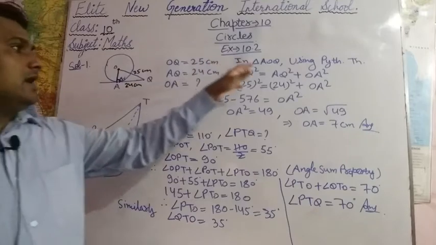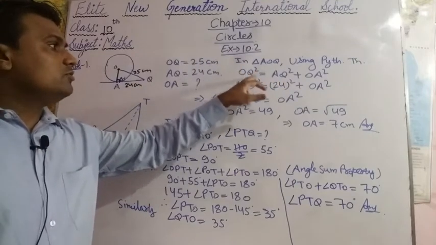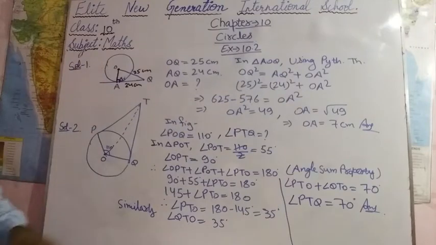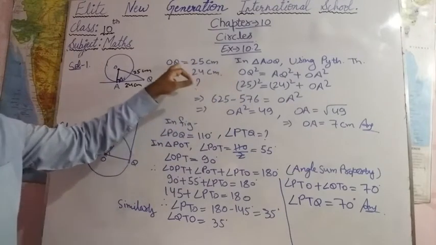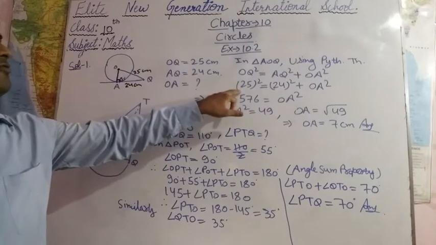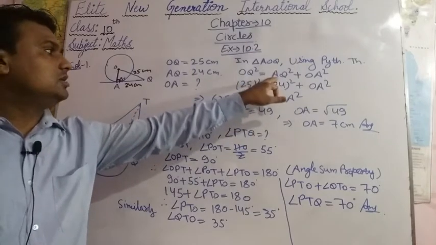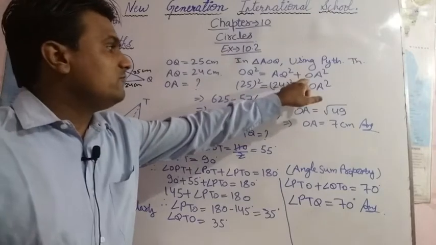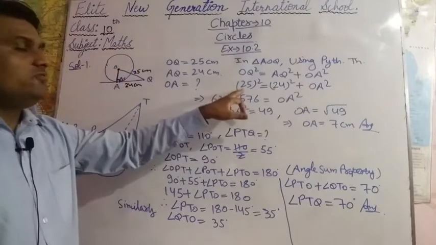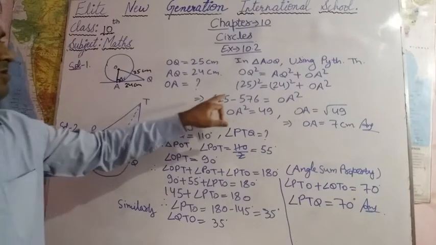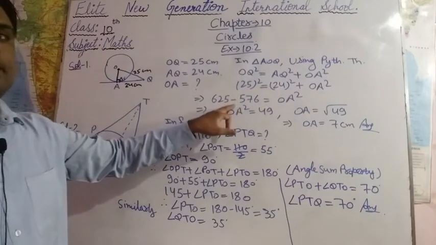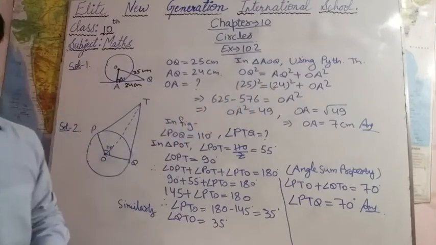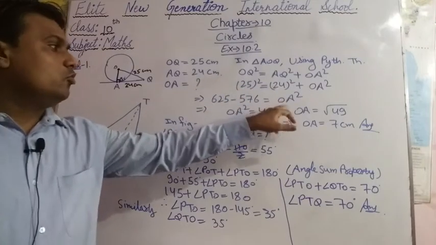According to the Pythagoras theorem, OQ square equals AQ square plus OA square. In place of OQ square we write 25 square, in place of AQ square we write 24 square, plus OA square. 25 square is 625, and this comes across and is subtracted, minus 24 square, which is 576, equals OA square.